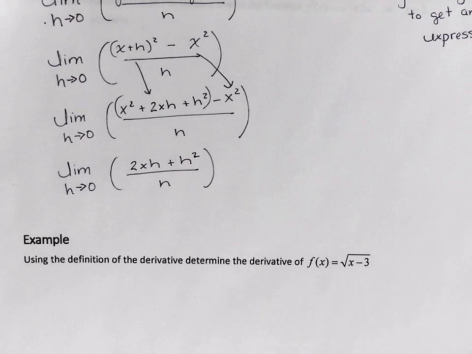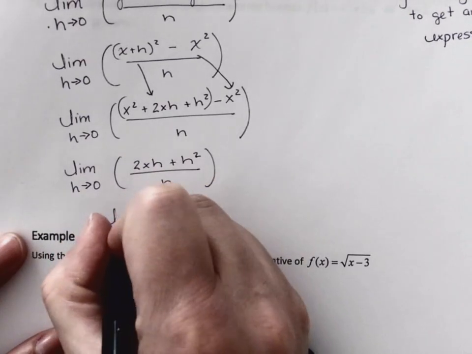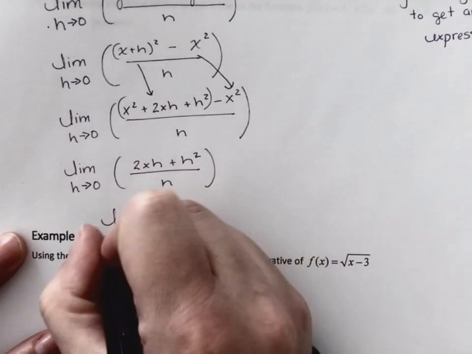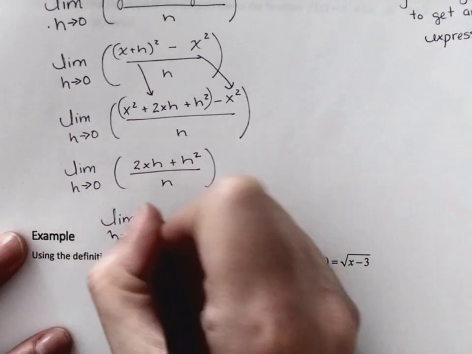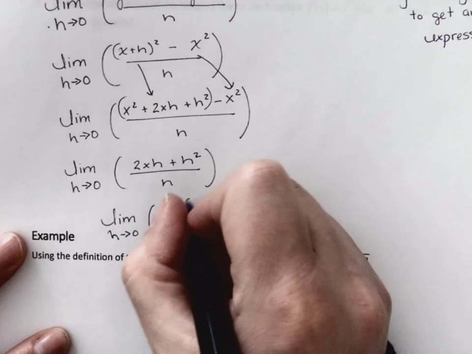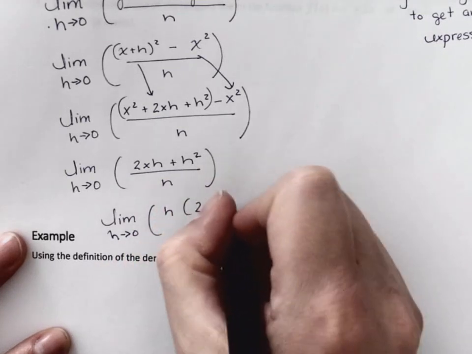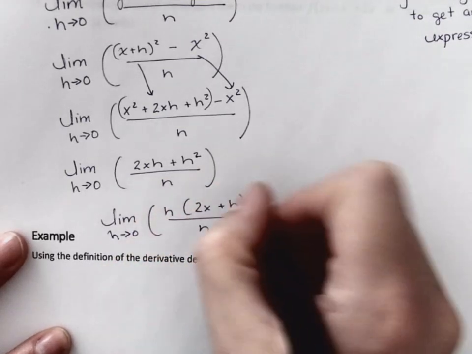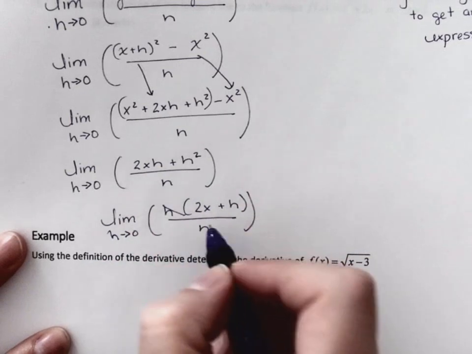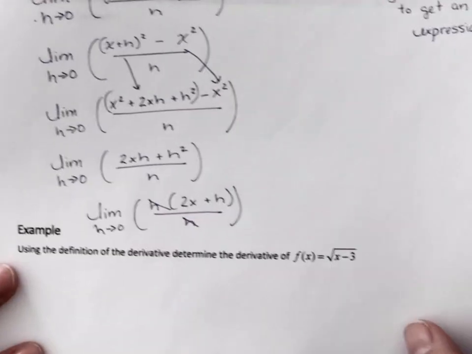You still have an undefined, so we're going to common factor out that h. And now we can go ahead and remove the denominator.